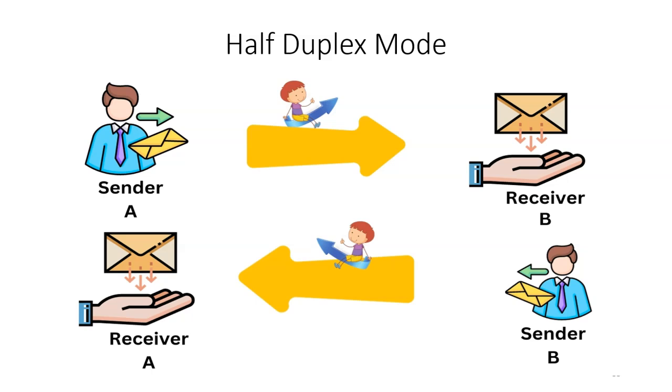In one picture you can see that system A, that is the sender, sends data to receiver B. In this case the sender can send data and the receiver can receive data.